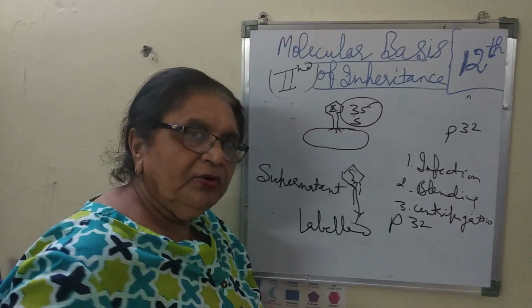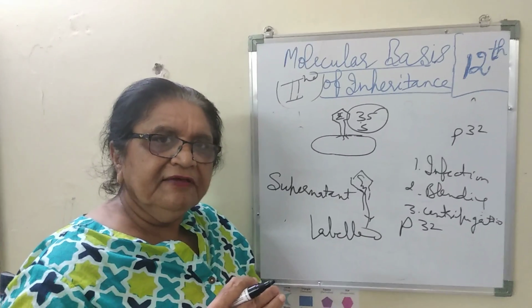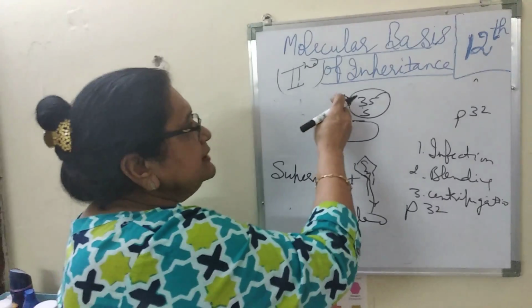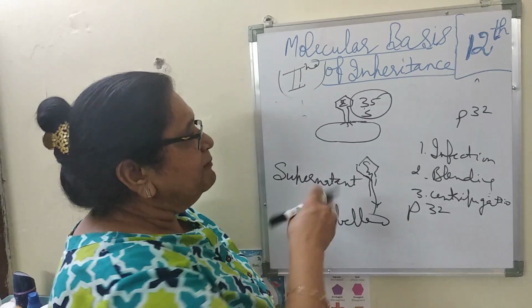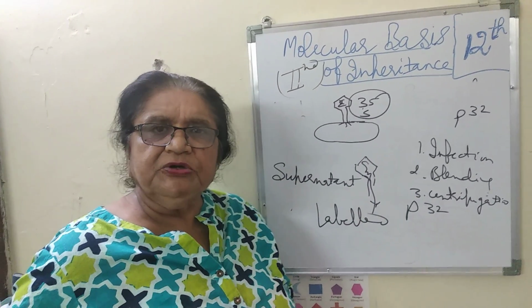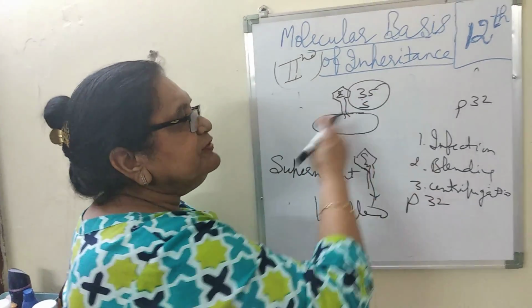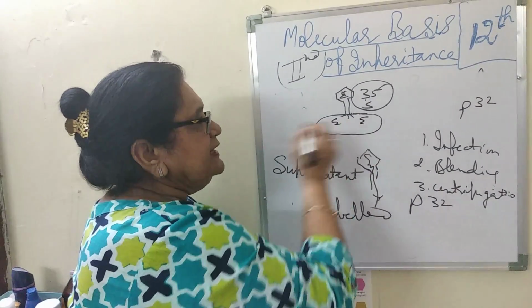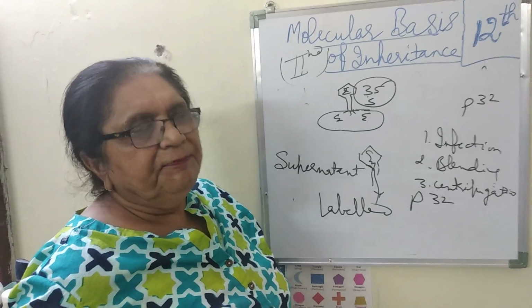In the case of P32, it proves that the labeled genetic material DNA was transferred from the virus to the inside and started replicating. But in the second case, the protein coat was left outside, the same protein coat left outside in both cases. So DNA enters and starts replicating along with the bacteria.